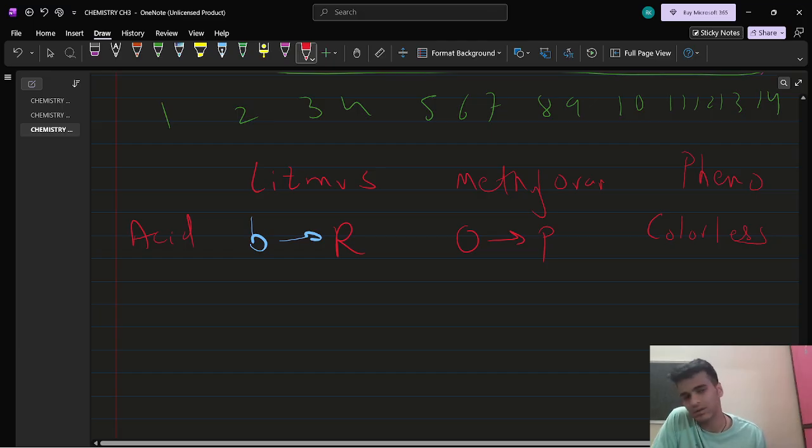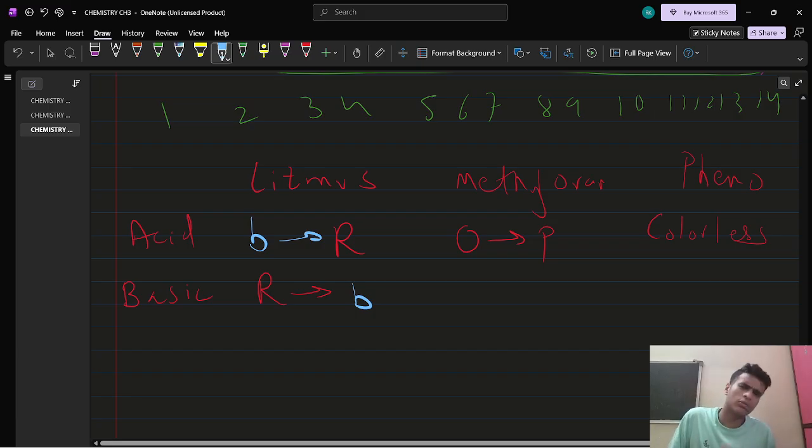When it is basic, then red litmus will turn to blue. And acid में अगर red litmus है तो unchanged. Basic में अगर blue litmus है unchanged.